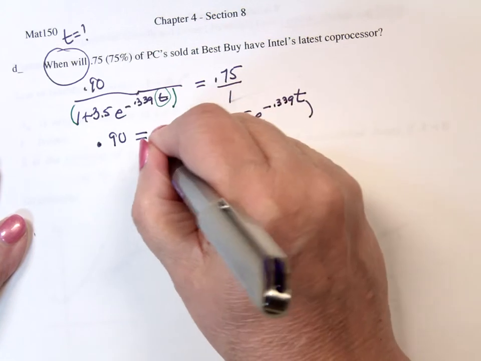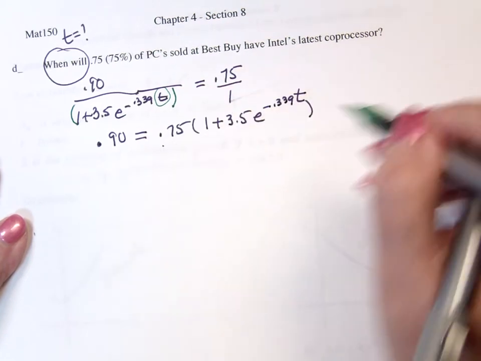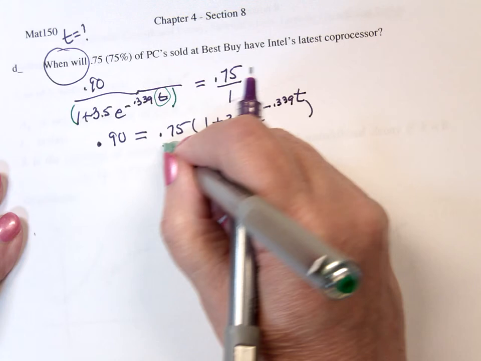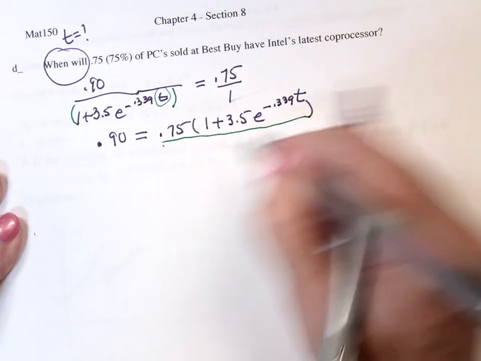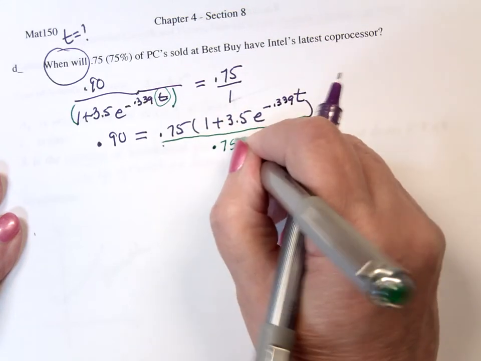Now, I can divide at this point. Don't multiply it through because it ends up being really messy. Now, just divide both sides by 0.75.